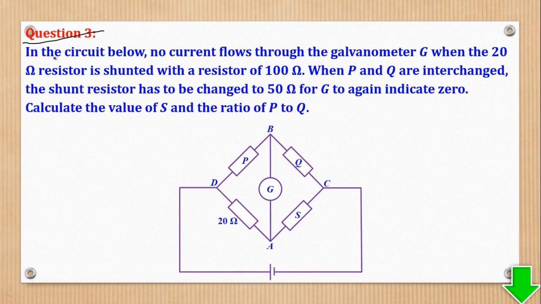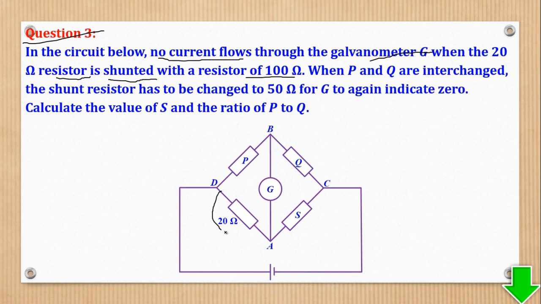Then question 3, in a circuit below, no current flows through the galvanometer, meaning the Wheatstone bridge is balanced. No current flows through the galvanometer when the 20 ohm resistor is shunted with the resistor of 100 ohm.